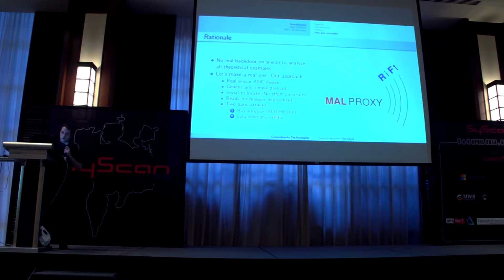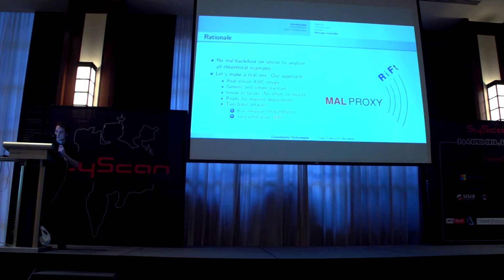And I will tell you there are 2 rootkits. With the malproxy rootkit, you can infiltrate code inside a CPU, and with the RF one, you can exfiltrate data from inside the CPU. I'm going to do the demonstration of both.